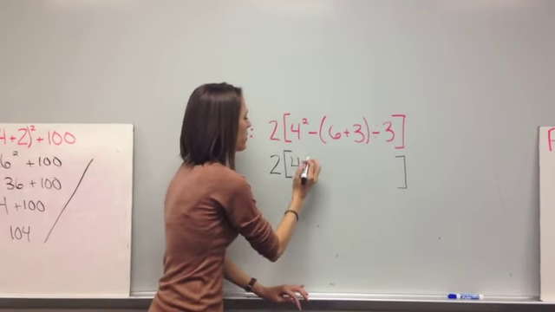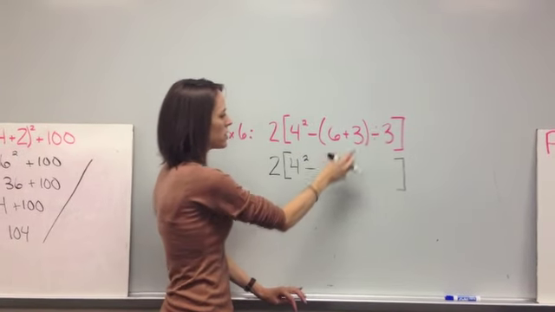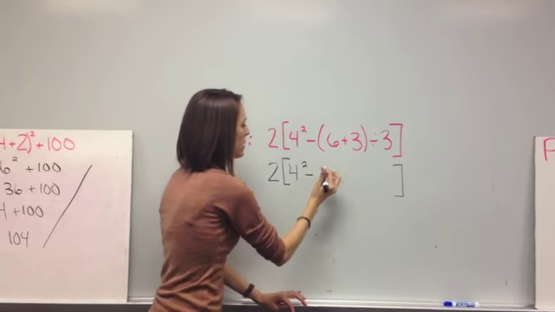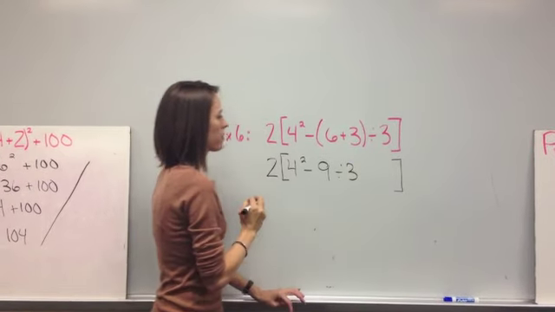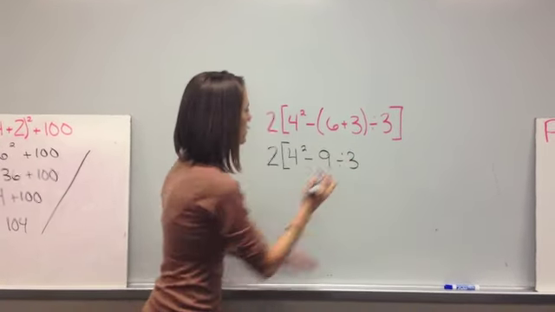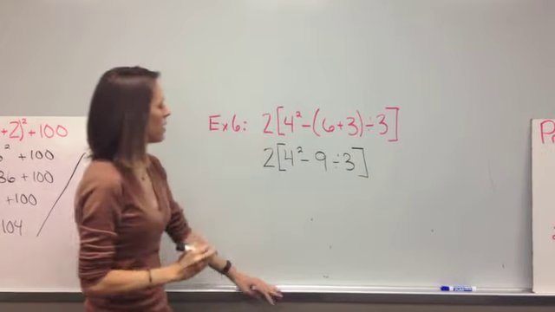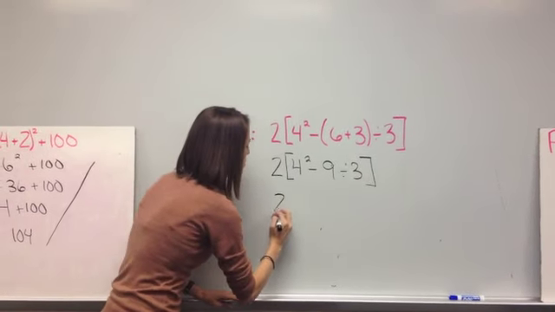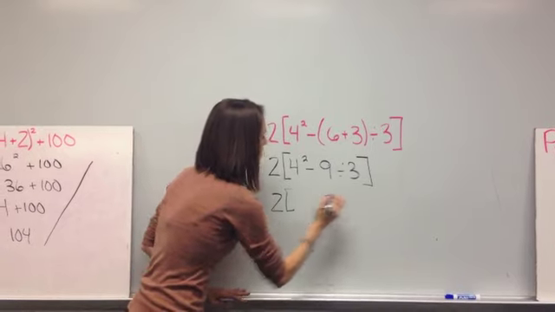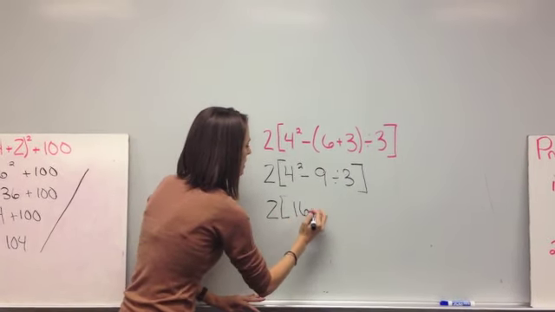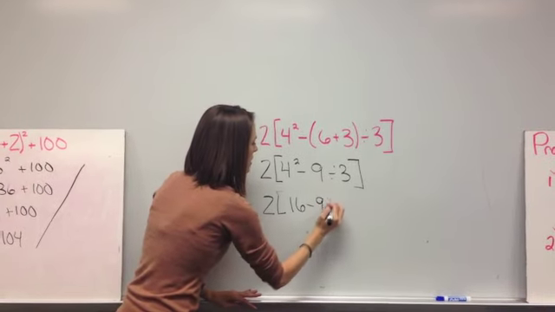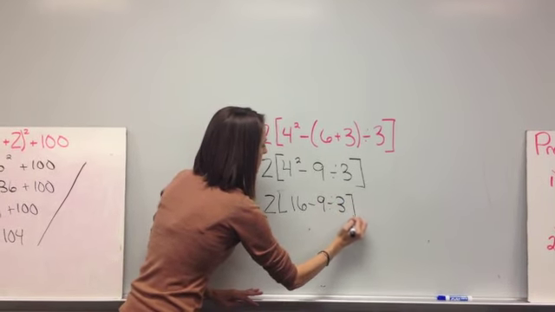So you rewrite it, 4 squared minus 6 plus 3 is 9, and you carry down your divided by 3. Okay, so I could actually move it like that. Okay, so we're still not doing anything with this 2, and we're going to do inside the brackets. So 4 squared would be 16 minus 9 divided by 3.